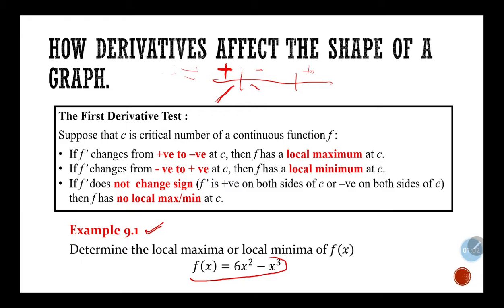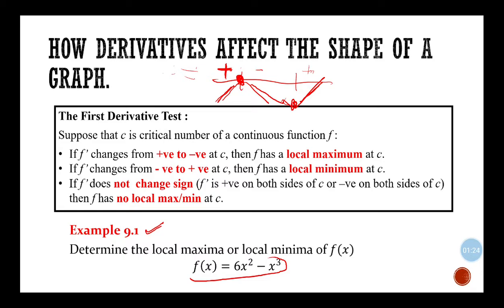If negative, then it's going down, positive going up again. If it changes from positive to negative, you will have a local maximum. Negative to positive, you get a local minimum. So last week we discussed this method in order to determine the local maximum or local minimum.